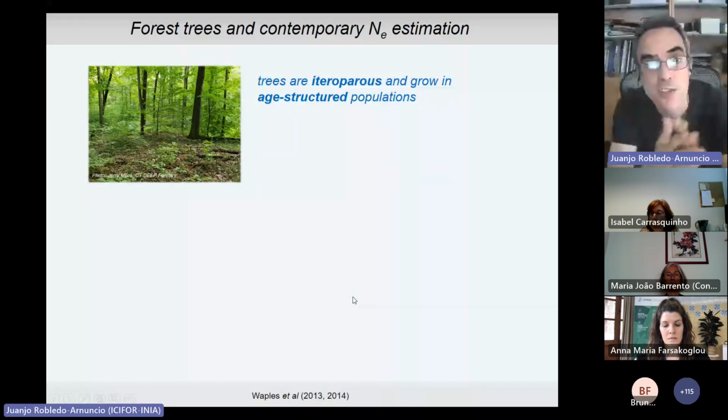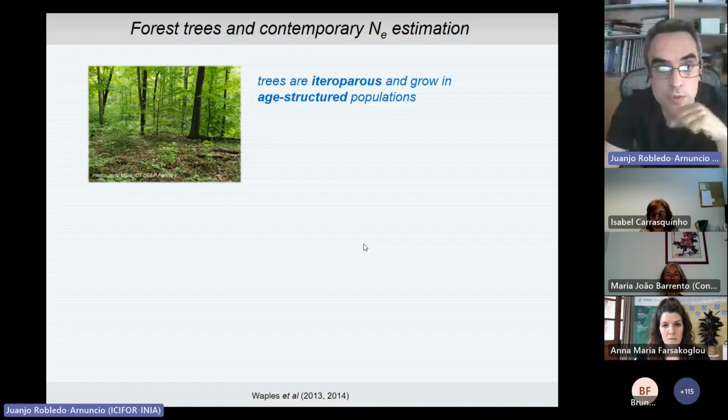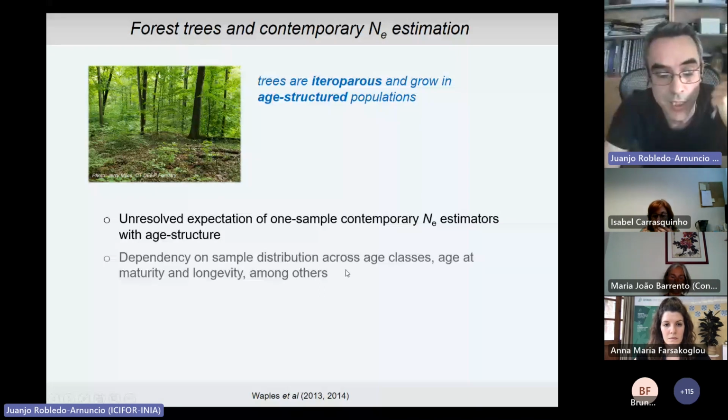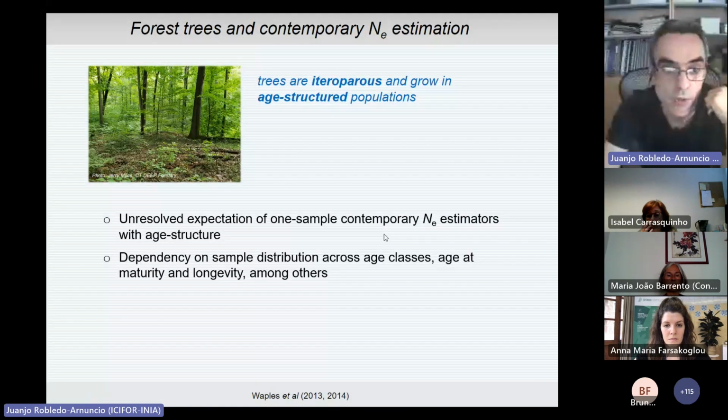Then we have the issue that trees are heteroparous and they grow in age-structured populations. And actually, there is no well-established expectation of one-sample contemporary estimators of NE with age structure. The expectation depends on the distribution of samples across age classes, on age at maturity, on longevity and others.